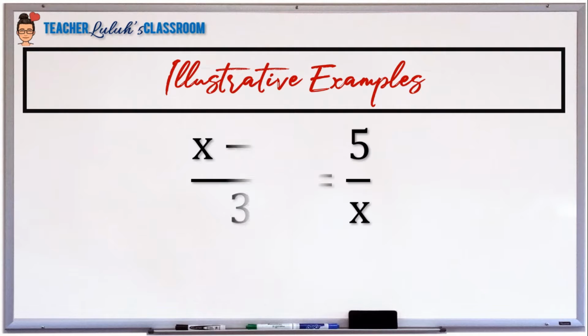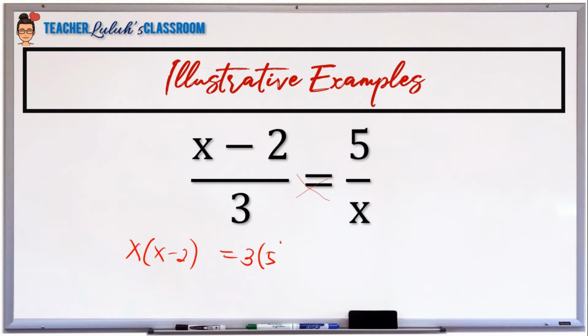And then, how about this? So, unang tingin, hindi na naman quadratic kasi wala na namang exponent na 2. But, again, we can simplify this by cross-multiplying. So, we'll have x times x minus 2. Cross-multiply is a product of multiplication property of equality. Okay, and then equals 3 times 5.